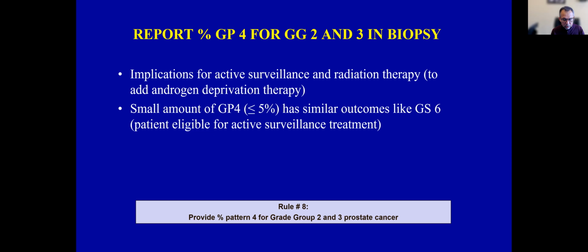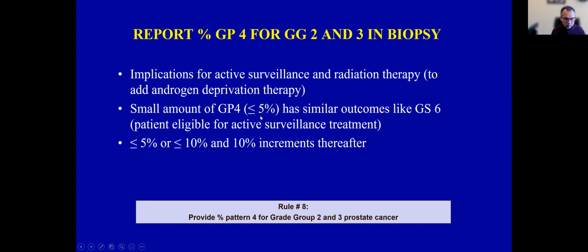And by putting that into grade group 2, you may make the patient ineligible for active surveillance, while the patient may in fact be eligible for active surveillance treatment. I think this particular rule applies when you are dealing with a non-cribriform type of pattern 4 morphology. This should be reported in increments, typically less than 5% or 10%, and thereafter further increments of 10%.